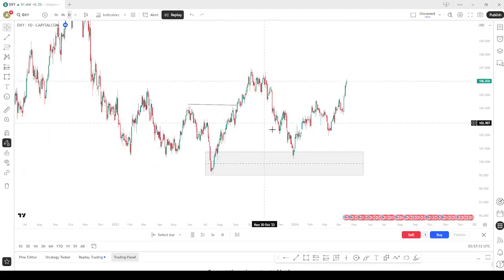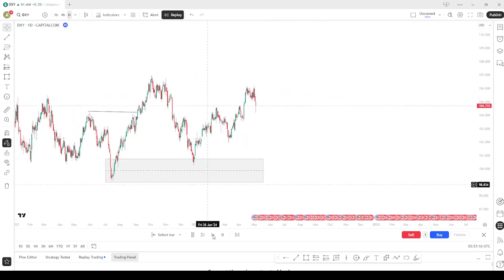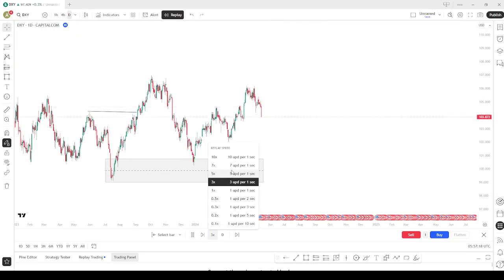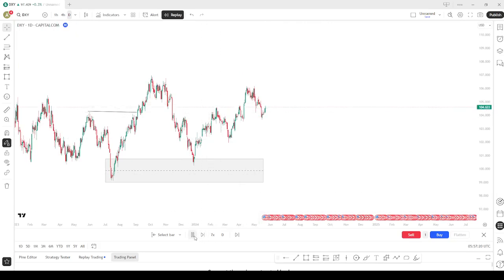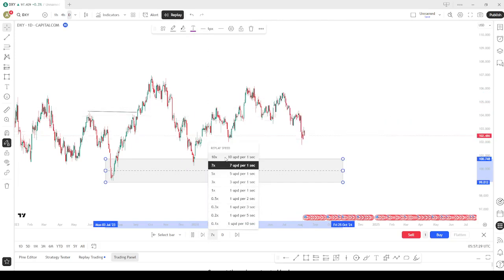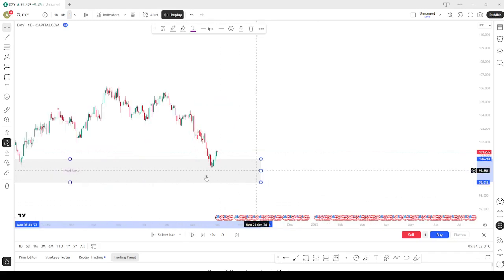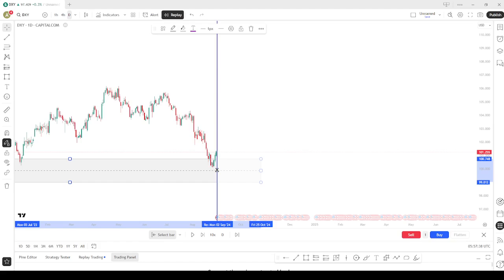You could clearly see that price already played a long journey there. Boom. Exactly. So after price approaching our area, what are we looking at in the moment? We are just going to go back a little bit.